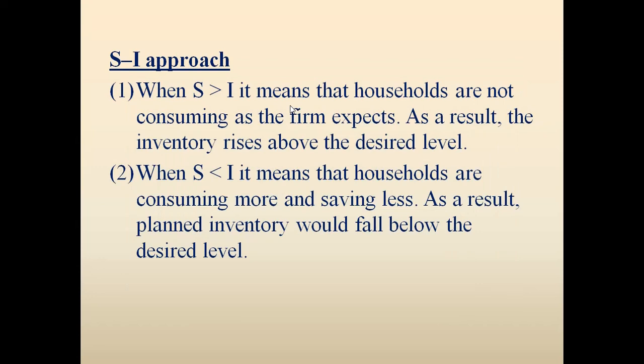That is, the consumers or the households are not spending the money for consumption purposes, but there is a leakage out here. So whenever saving is made by the household, that is called the leakage in the economy.